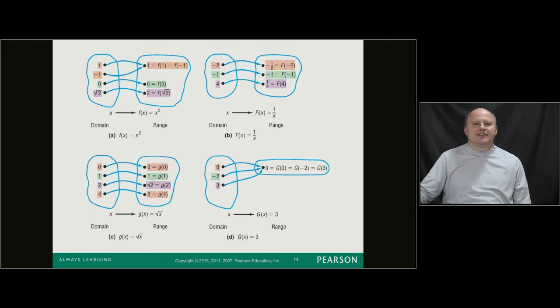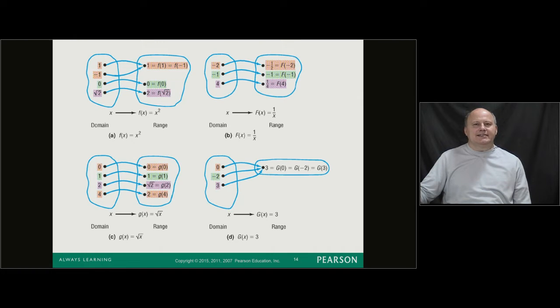Now look at the last function, g of x equals 3. Notice there is no variable involved in that equation. It's just g of x equals 3. So when you put those 3 values in, it doesn't care what happens. That's what we call a constant function.